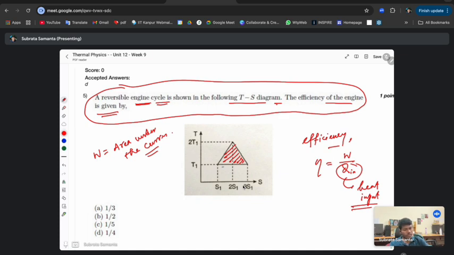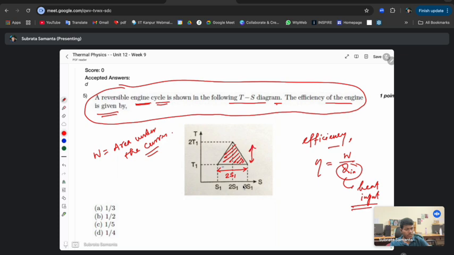We know this is a triangle. The length of the base is from S1 to 3S1, so this is 2S1. And what is the height, the vertical length?